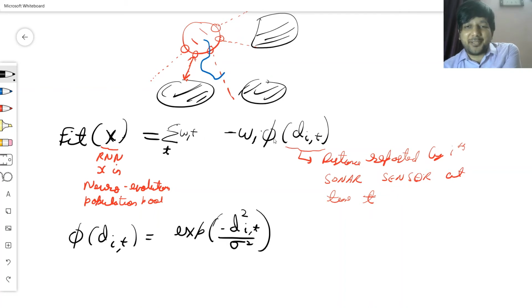And there were multiple sonar sensors, so I should have already done a max, so the least distance converts to the largest phi value.